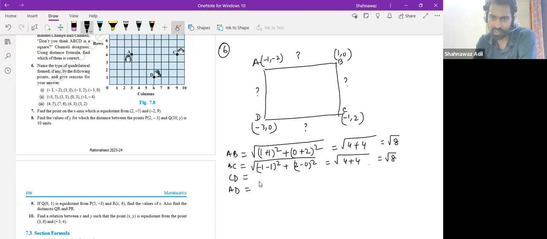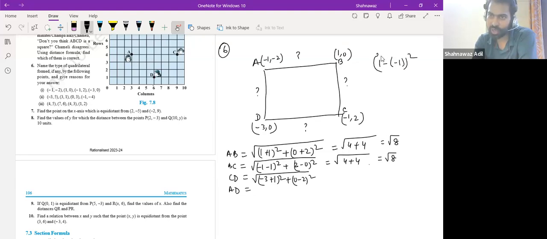And then CD is of minus 3 and plus 1 squared. Sir, I have a question. In AB, it's supposed to be 1 minus of minus 1, right?